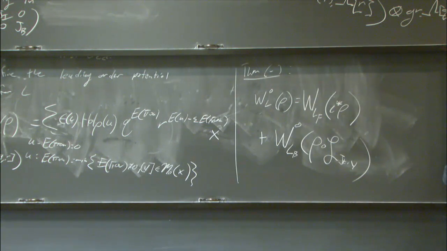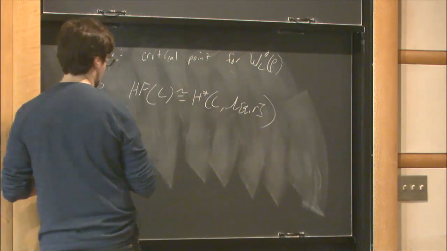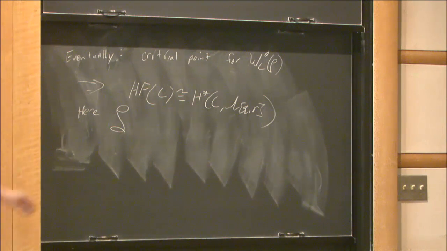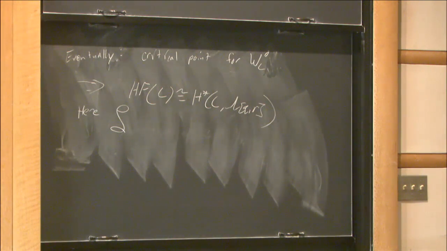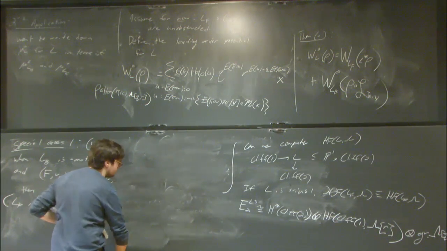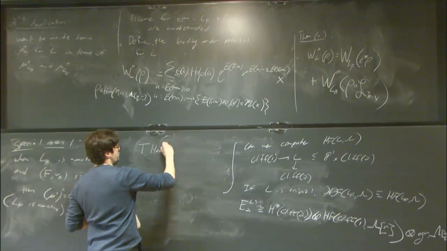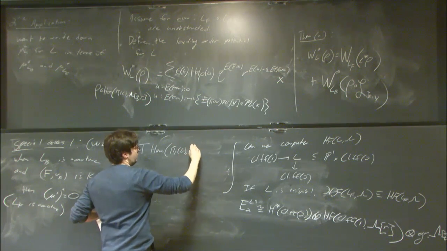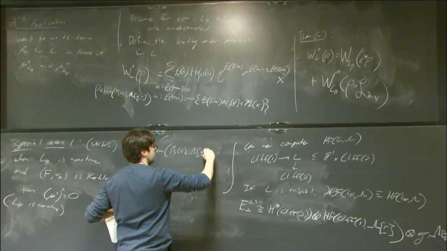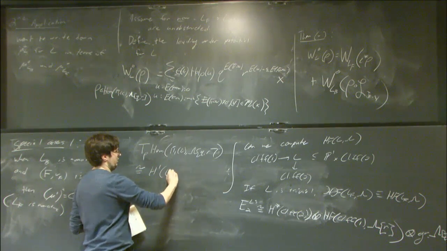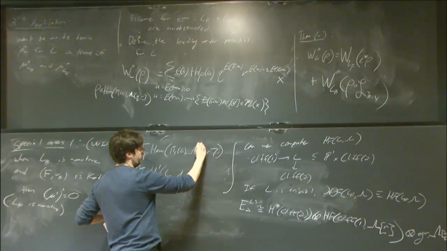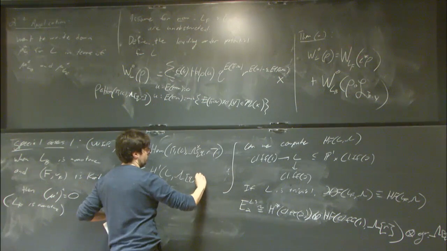Okay, so here, L. Let's see. So the tangent space of, say, the space of representations, at any point rho, this is going to be naturally just H^1 of L. So what I really mean is units here, and this is just in the full ring.